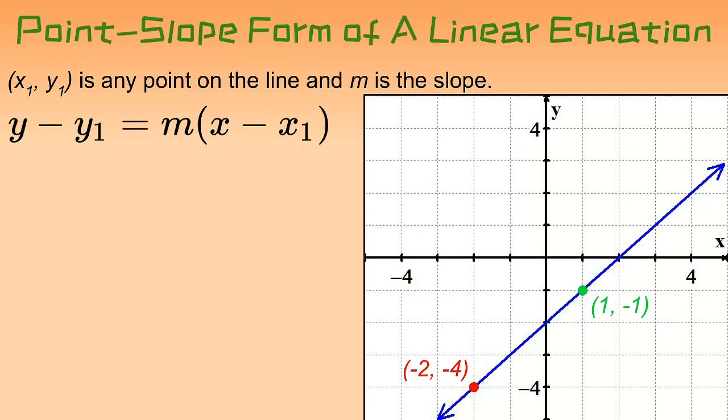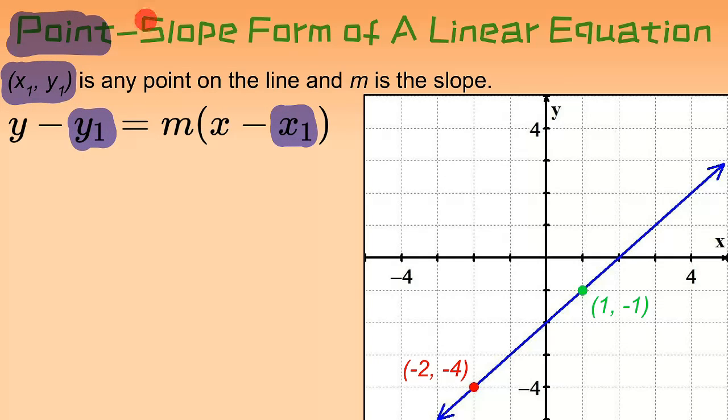How about I highlight it? A point (x1, y1), slope form of the linear equation. What's pretty cool about this is that you can use different points, and it doesn't make any difference.